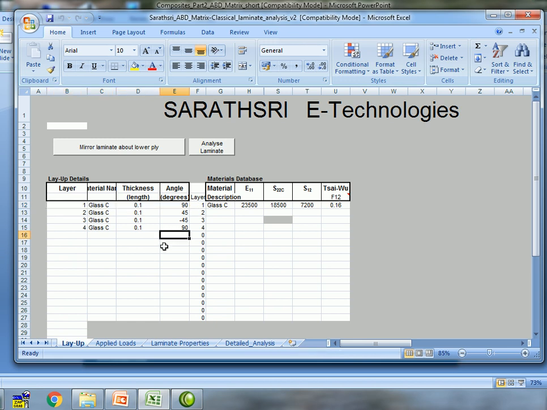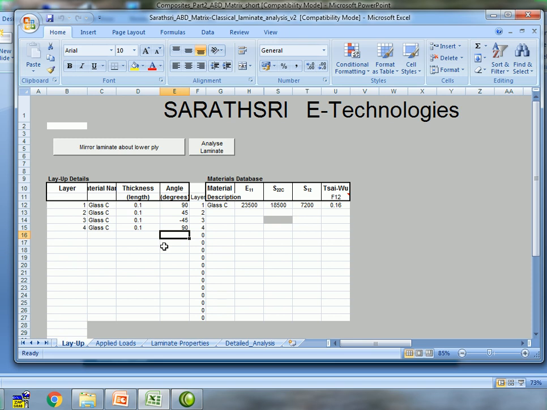Also, through the ABD matrix and layup configuration, we can determine which layer can be placed at what location. Suppose the component is subjected to a bending load: the extreme outer layer and the bottommost layer can be a particular choice, say 0 or 90 degrees, based on the bending load.